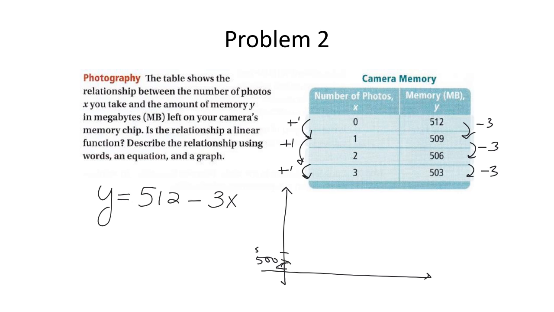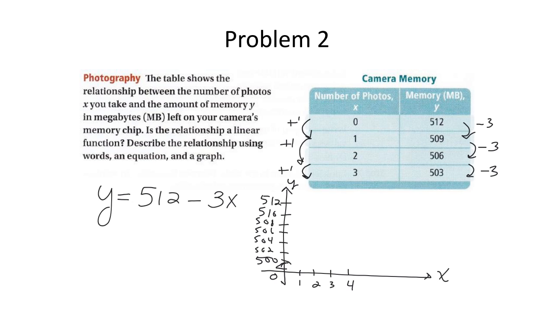So then this is 502, 504, 506, 508, 510, and 512. And then our x, we're still going to keep as 1, 2, 3, and 4.